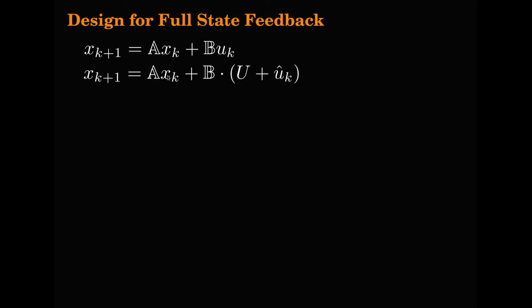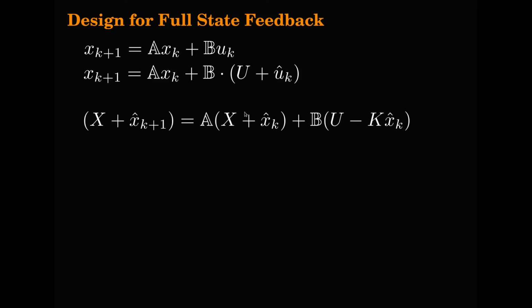Likewise, you do the same for x(k) as X, uppercase X, which represents the nominal operating point, plus x(k) hat, deviation about the nominal operating point. And the same with x(k+1) at the (k+1)th instant. It is again X. There is no change in the nominal operating point value with time, plus x(k+1) hat.